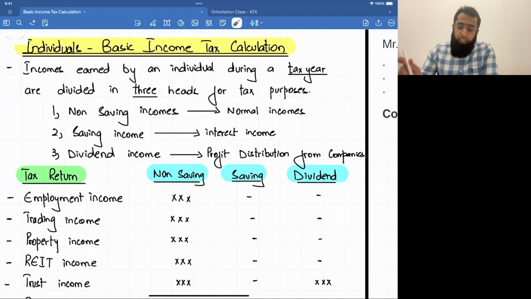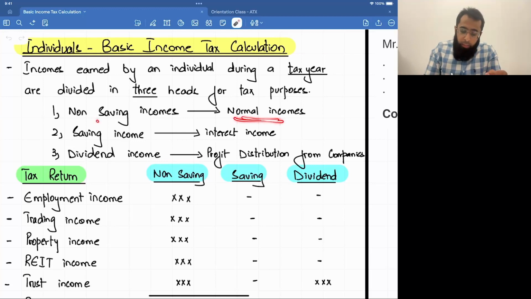Income earned by an individual during a tax year, which is 6th April to 5th April, is divided into 3 heads, because all of these 3 heads have different rates of taxation. We will study everything. Head number 1 is non-saving income, which includes all incomes except interest income. Interest income has separate tax rates, and dividend income has separate tax rates.